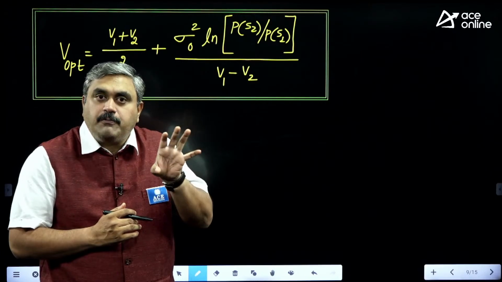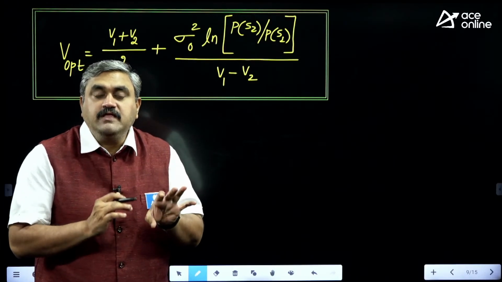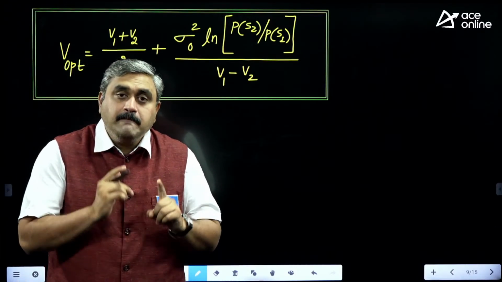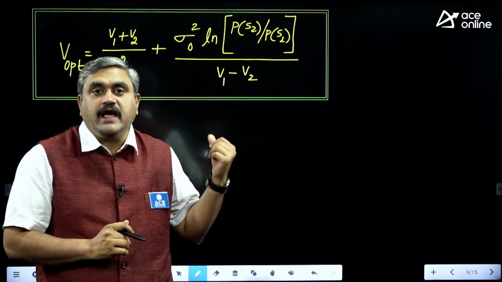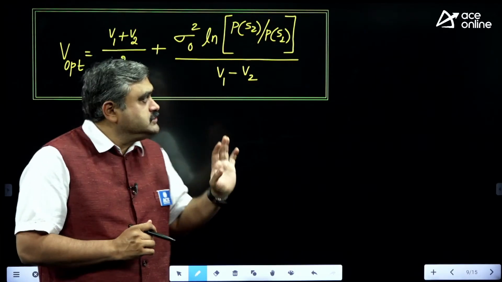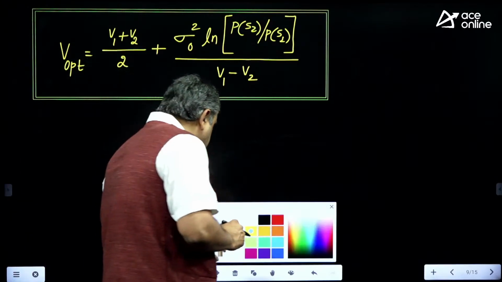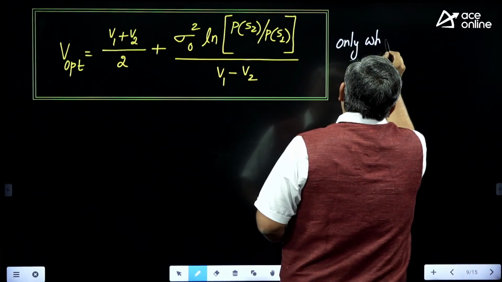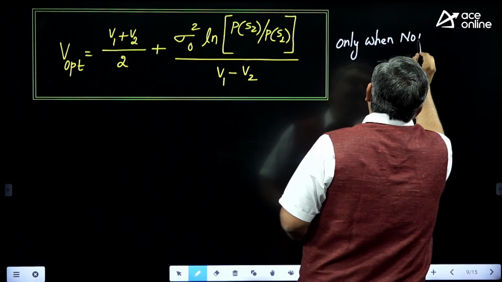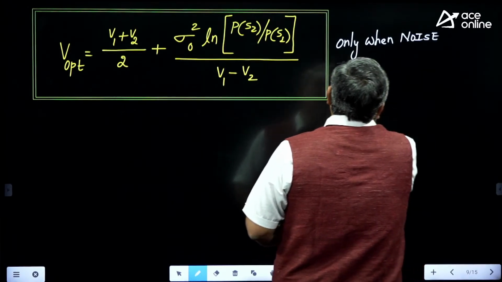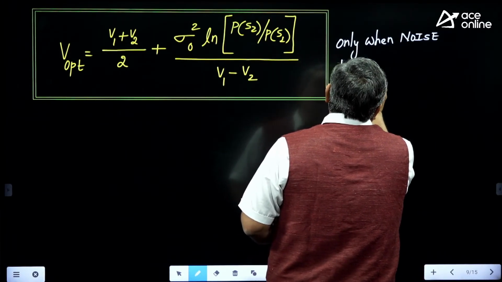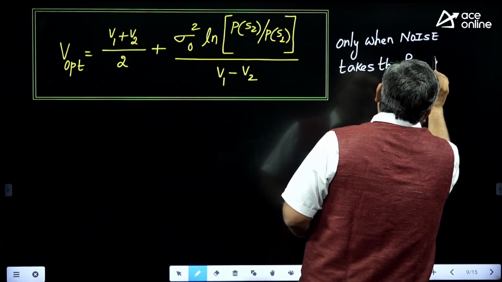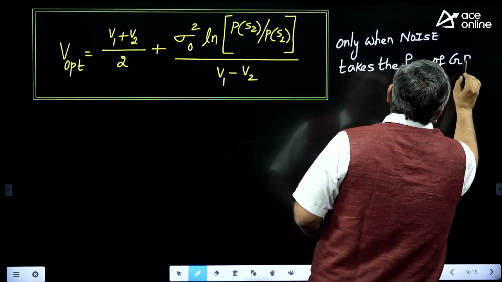So where is the optimum value of the threshold voltage you are getting? At the point of intersection of both the density function curves. That is the first observation. Then based on your random variable, you are calculating that optimized value of the threshold voltage. So where you can use this formula? You can use this formula only when noise takes the form of Gaussian random variable.